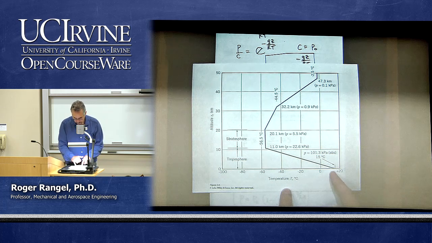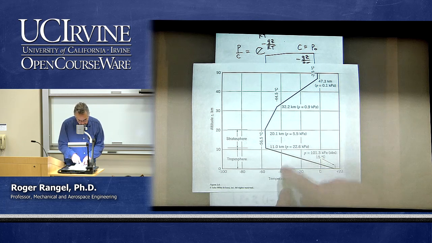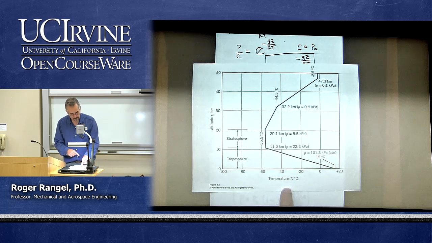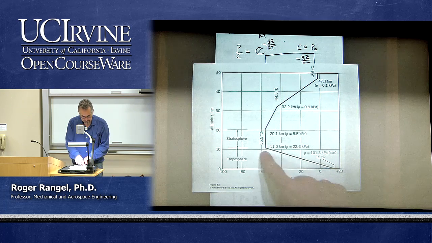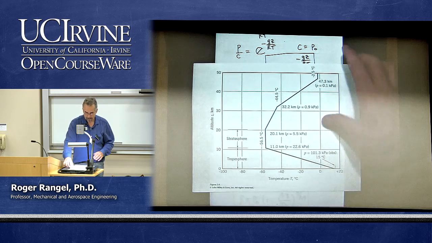So the temperature would be 15 Celsius at ground level, and then it would drop to about, say, minus 55 Celsius or so at about 10 kilometers. That gives you a linear distribution of temperature with height.